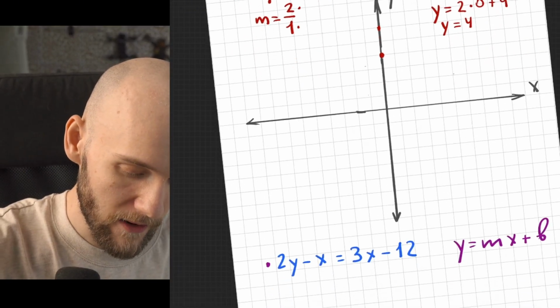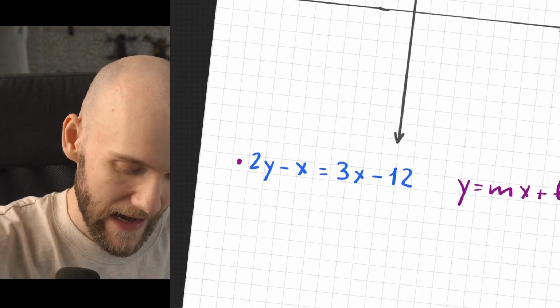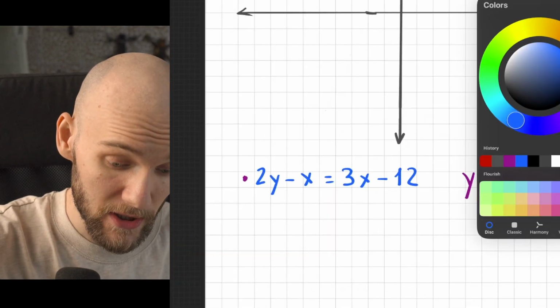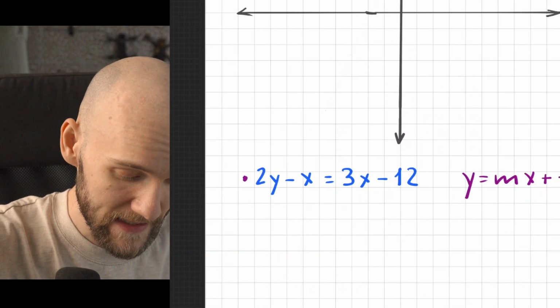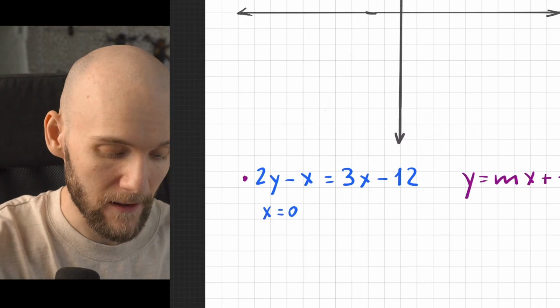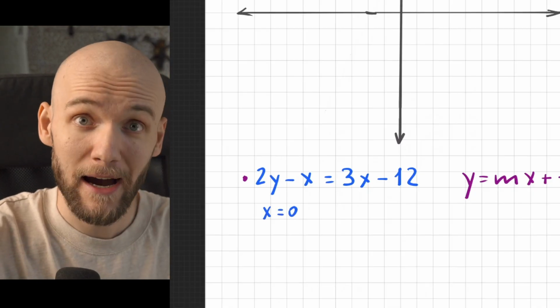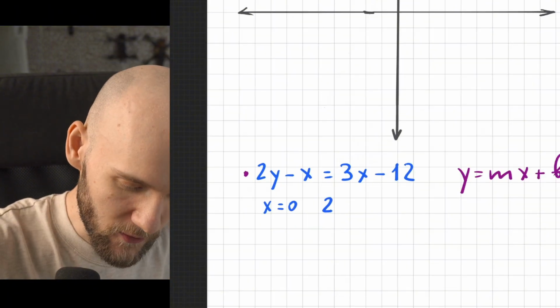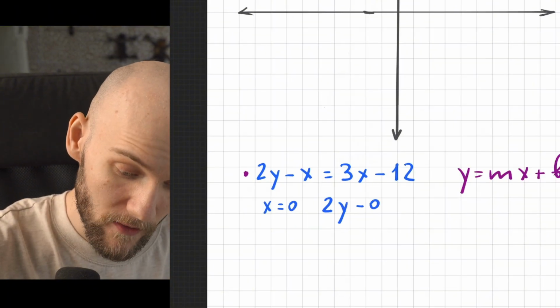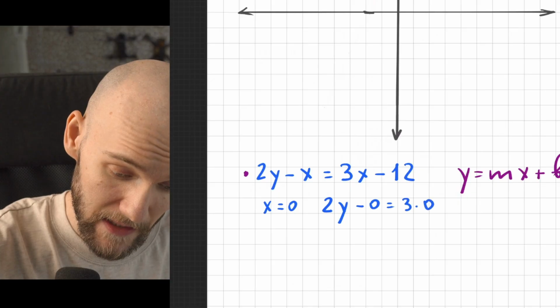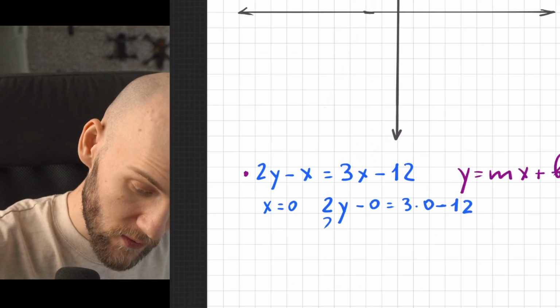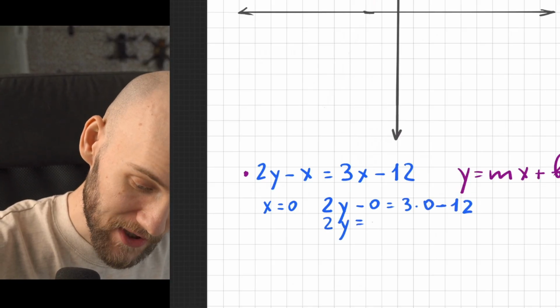Now, let's go to our more complicated equation, and let's remember that we can actually do the exact same thing. We can set x at 0, and whatever y value will be, it's our y-intercept. So it will be 2y minus 0 equals 3 times 0 minus 12. That's right, 2y equals just minus 12.